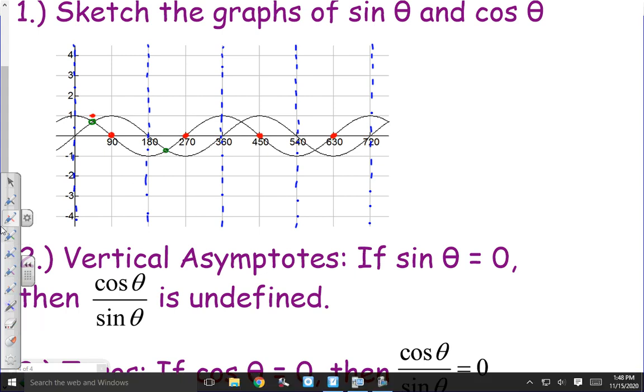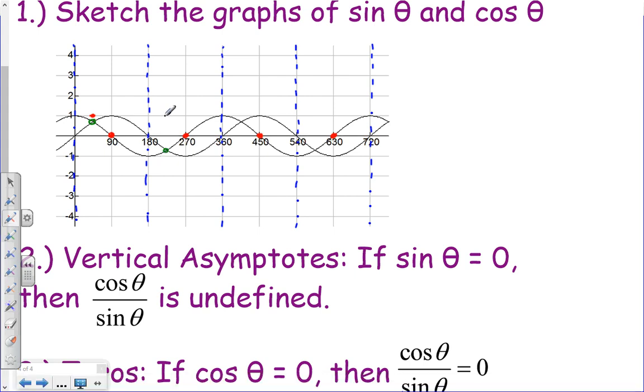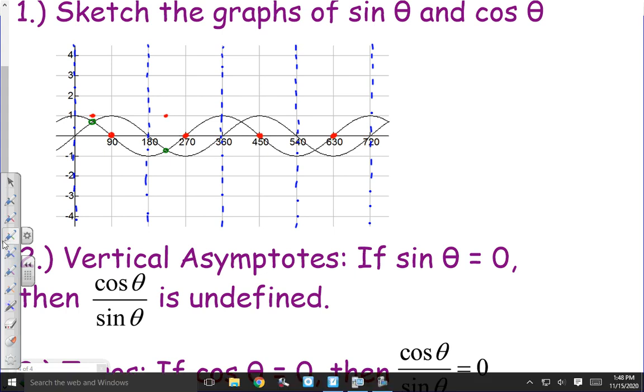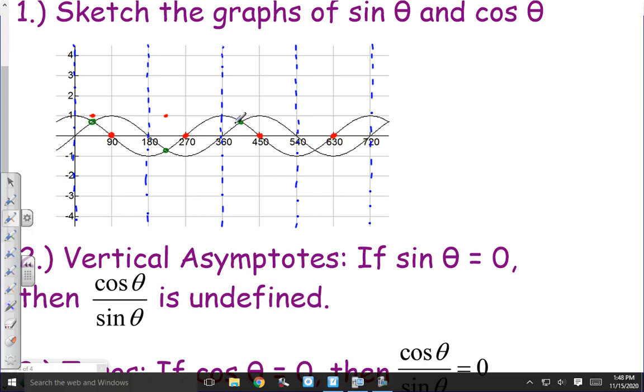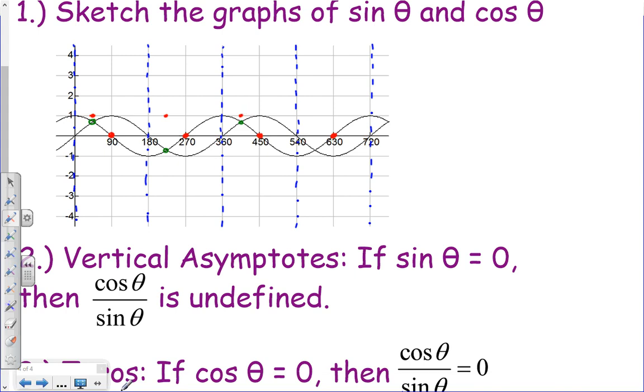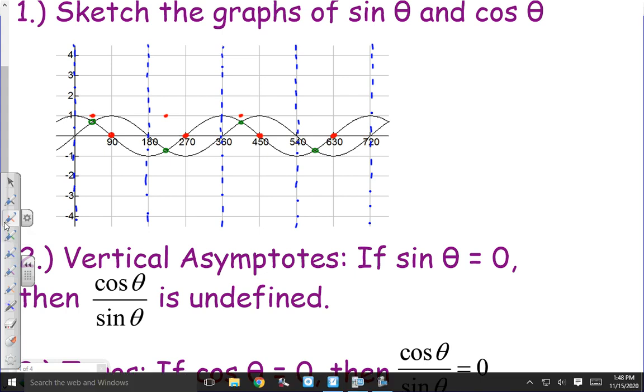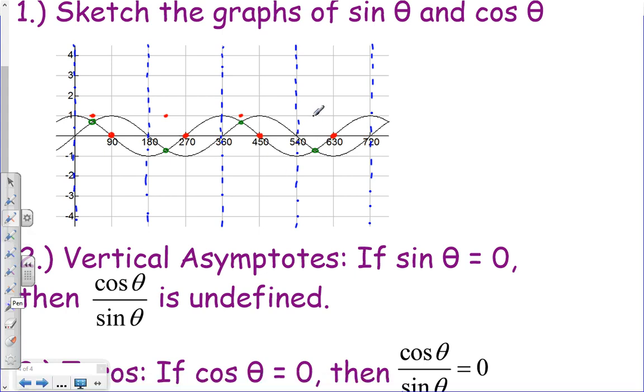If I take two of the same numbers and divide them by each other, I get a value of 1. So I'm going to plot a point up here at y equals 1. Again, it's not the intersection that I'm plotting. I'm using the intersection to figure out where to plot this point. Find another intersection right here, because that means the two functions are equal to each other, and I plot a point up here at y equals 1. And it looks like there's one more here to mark. This right here is another intersection. So I'll plot a point up here at y equals 1.